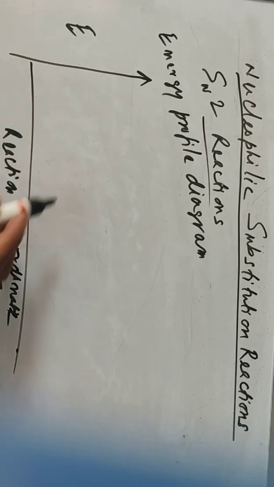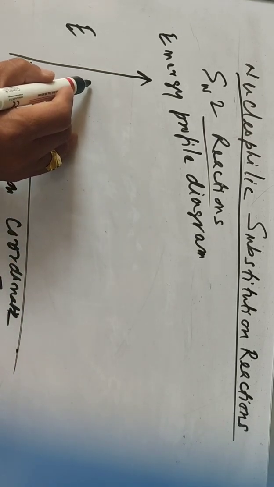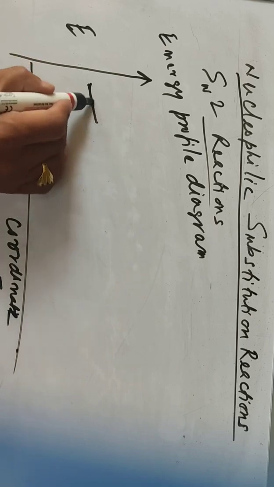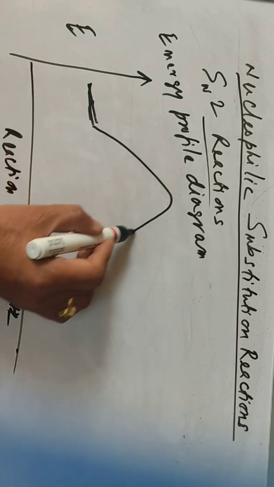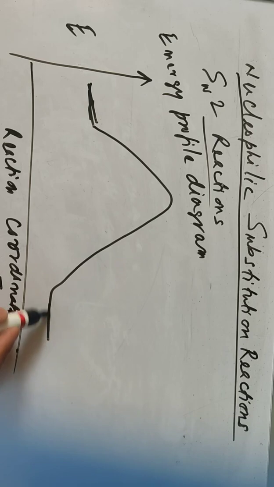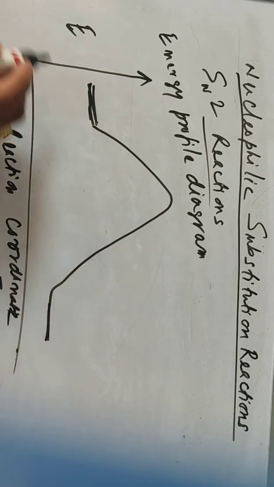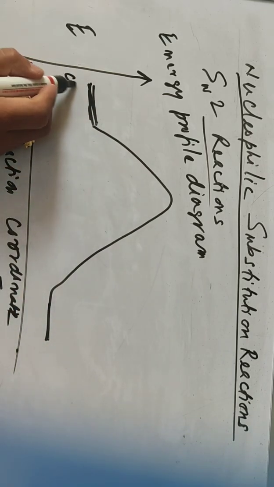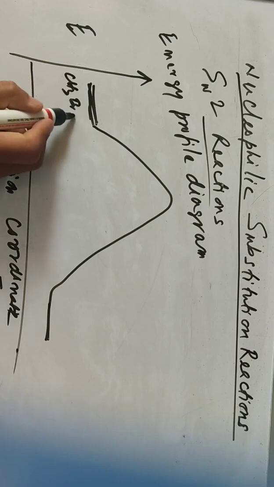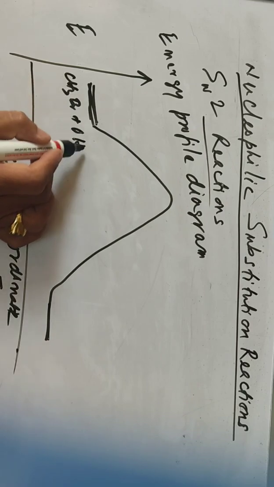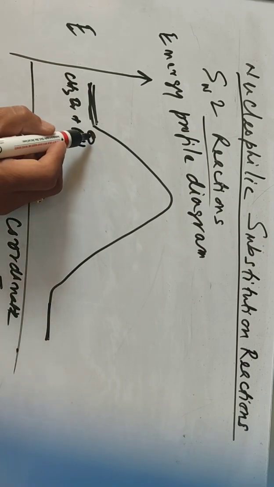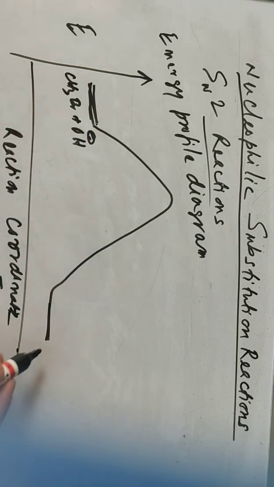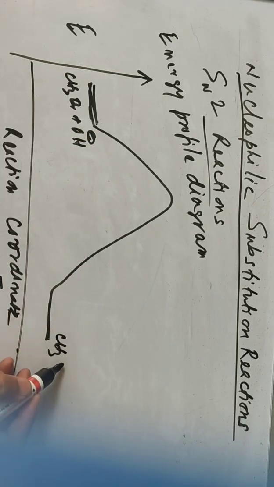We start here, and then the energy level goes lower or higher. Suppose we have CH3Br plus OH, a good nucleophile. The product will be an alcohol plus HBr.